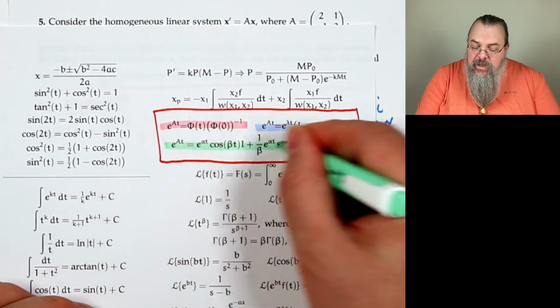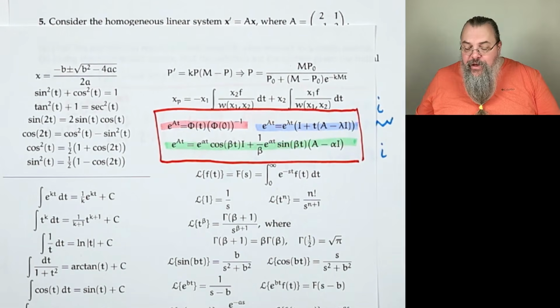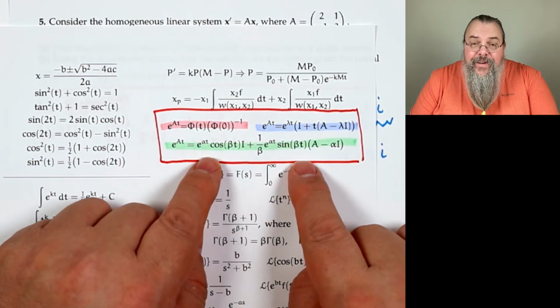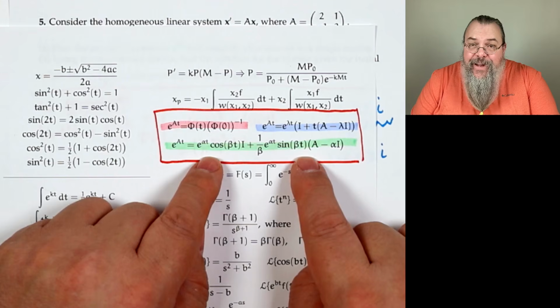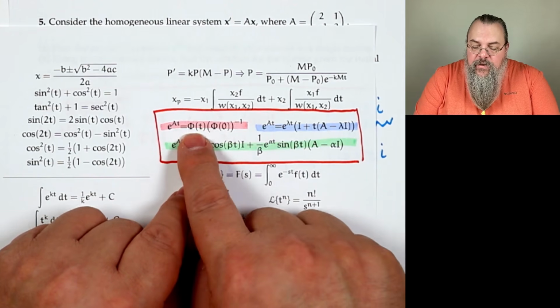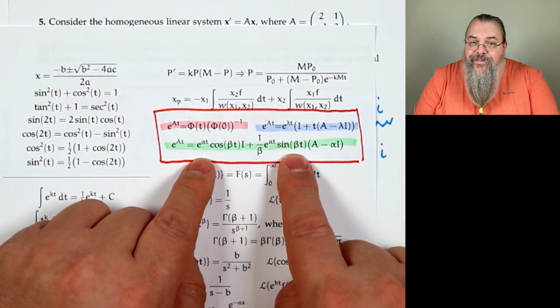E to the at is e to the alpha t cosine beta t I plus 1 over beta e to the alpha t sine beta t times a minus alpha I. This is the formula for complex eigenvalues. Okay, so recap: distinct real, repeated, complex.